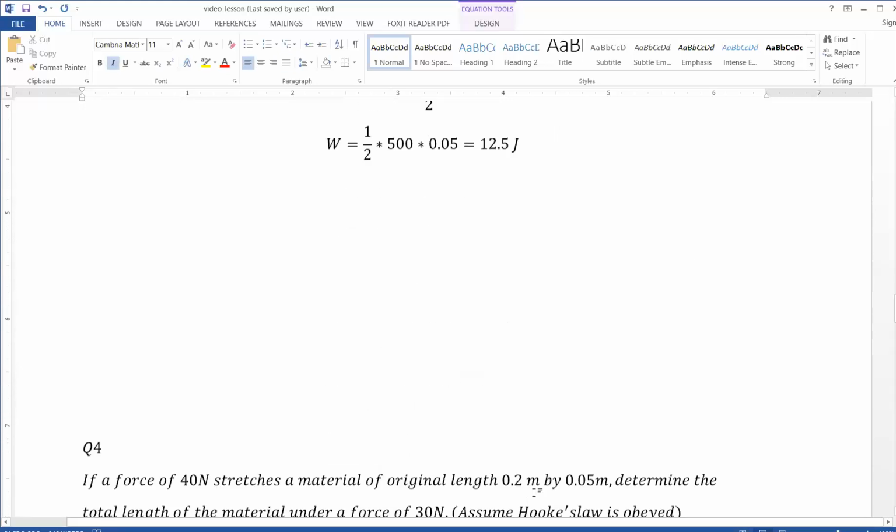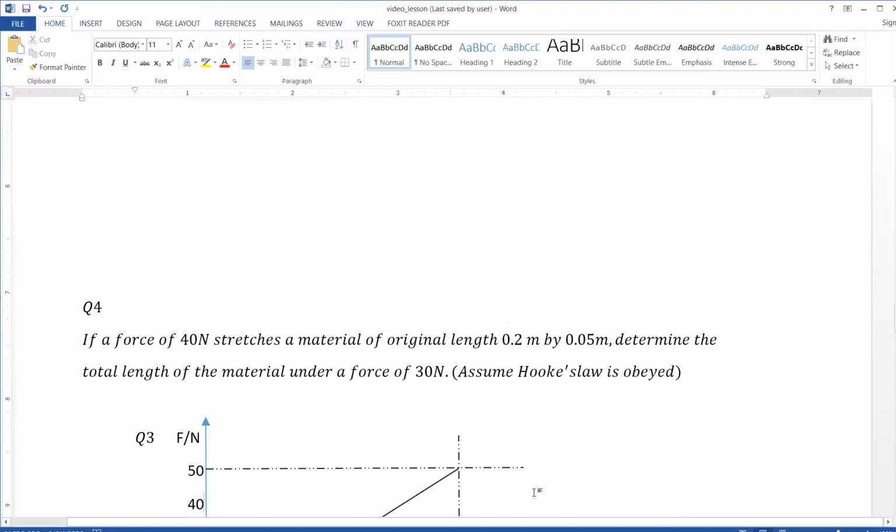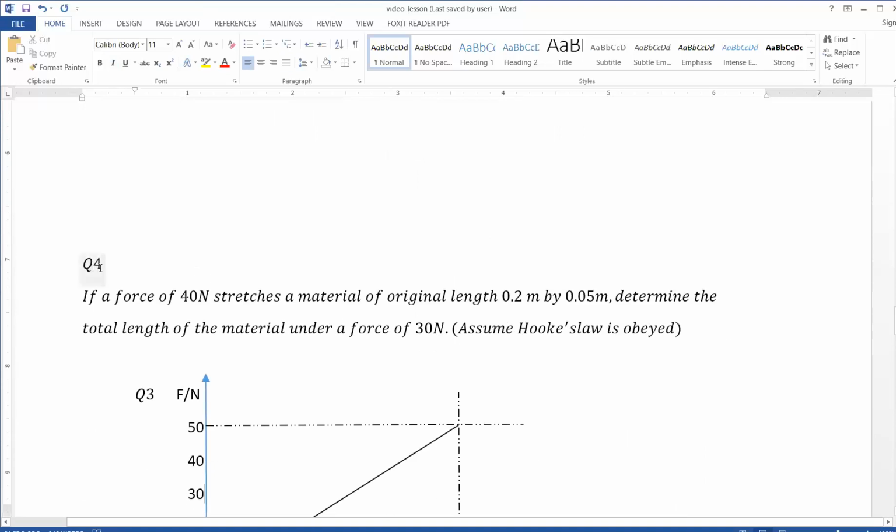Now let's look at the other question. This question, which is question 3. We have that if a force of 40 Newton stretches a material of original length of 0.2 by this, determine the total length.